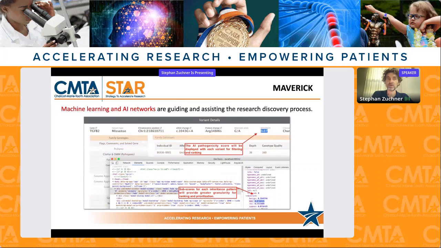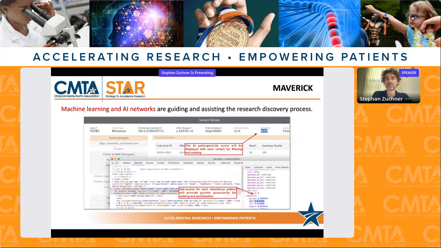You probably heard a lot in other areas about machine learning and artificial intelligence. And yes, also in CMT genetics, we are using these tools now very actively. In fact, we have developed here in Miami what we call the Maverick Score. It's a neural network.